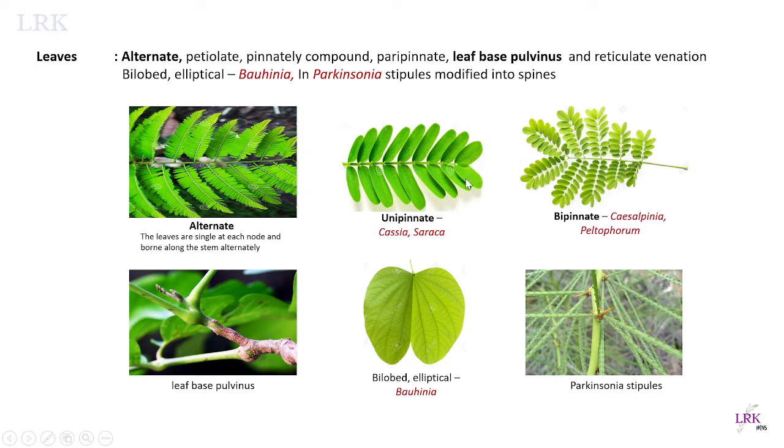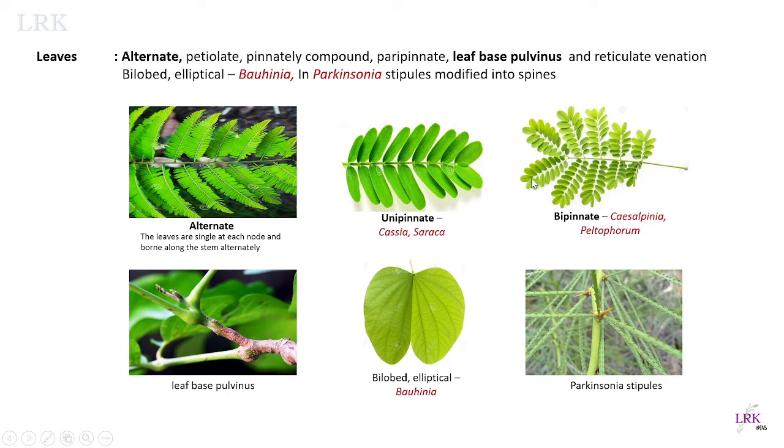If they end up in an odd number, we call it imparipinnate. We can see it in Azadirachta indica, which is a good example for imparipinnate compound leaf. But here in this family, you can see paripinnate, pinnately compound leaf. That means it ends up in an even number of leaflets.